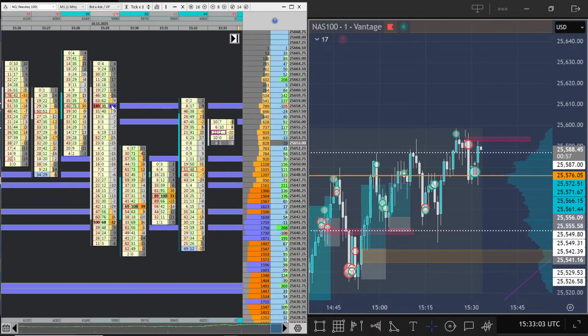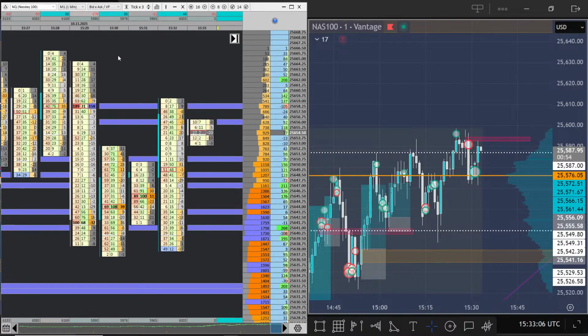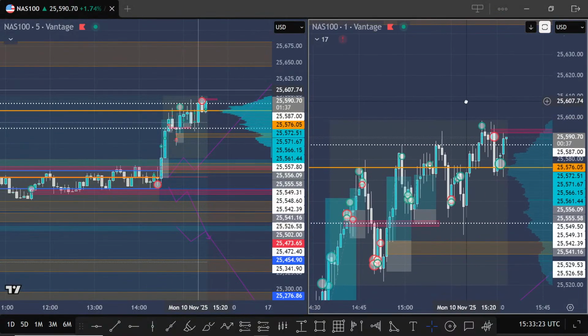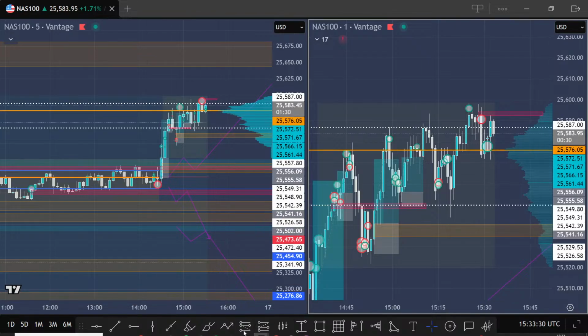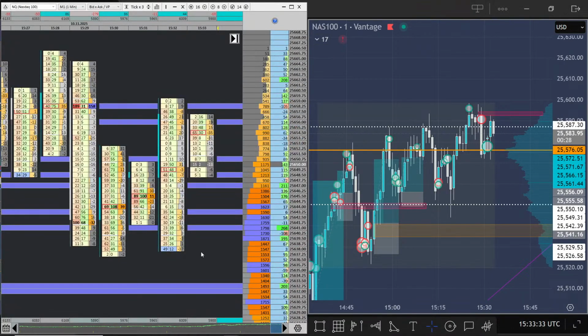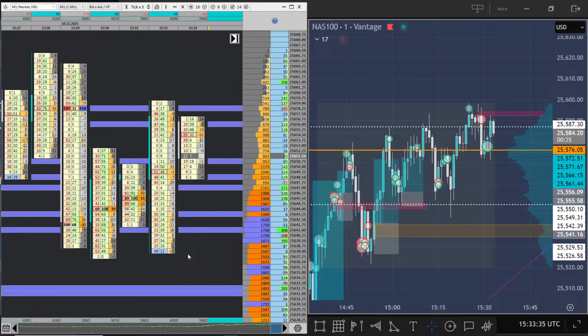See if aggressive sellers step in. As time goes on, this is kind of just getting less and less clean to trade.